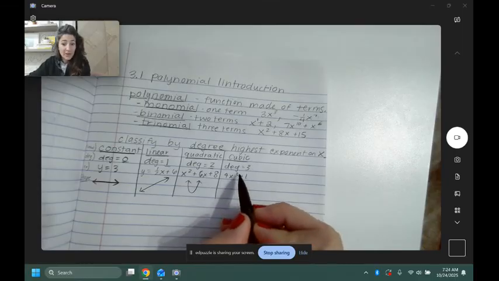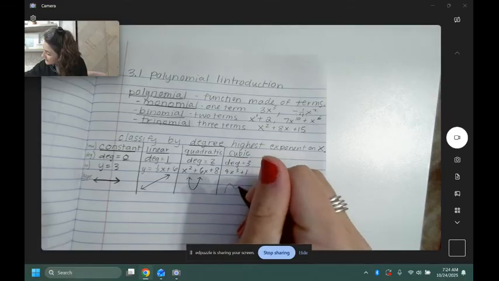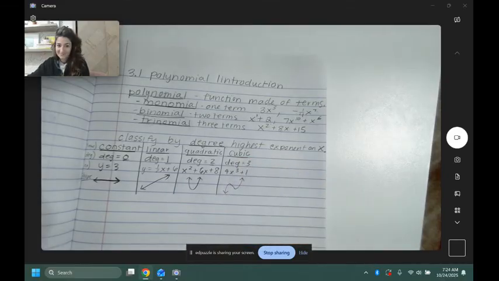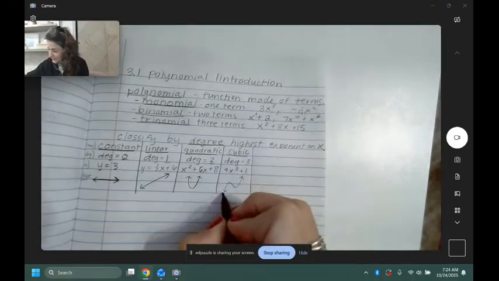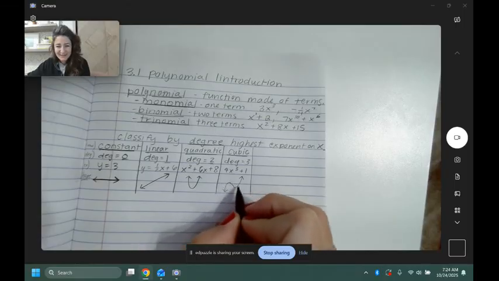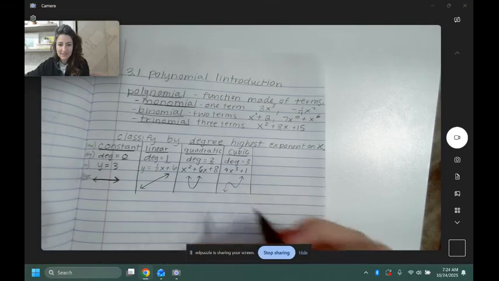But it's still cubic because the highest degree is 3. This graph would look something like this. Sometimes the little curves aren't that violent. Sometimes it'll just squiggle up, but sometimes it'll be really snaky like that.